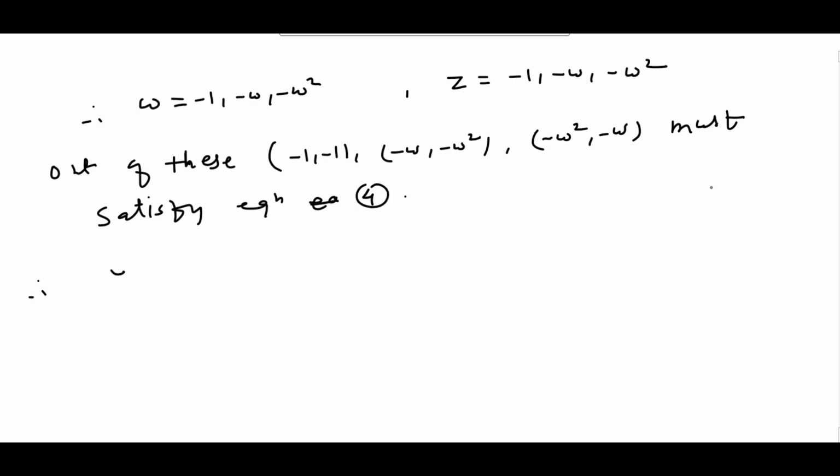So our root will be y, that is w plus z: negative 1 negative 1, negative omega square negative omega. It will give negative 2.